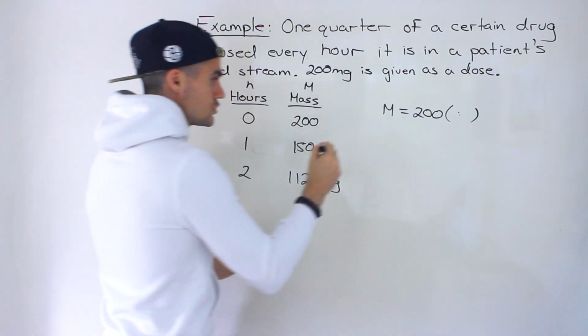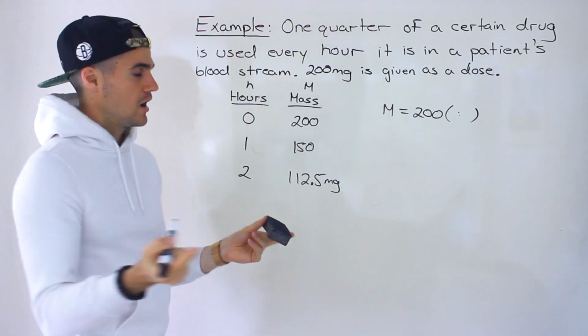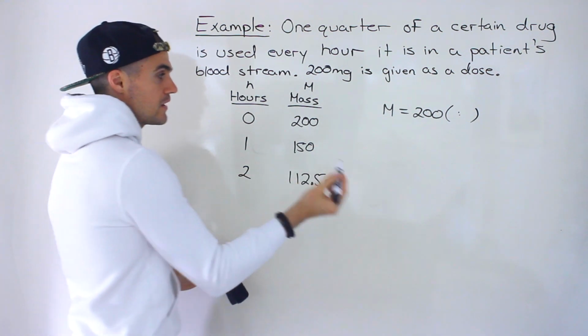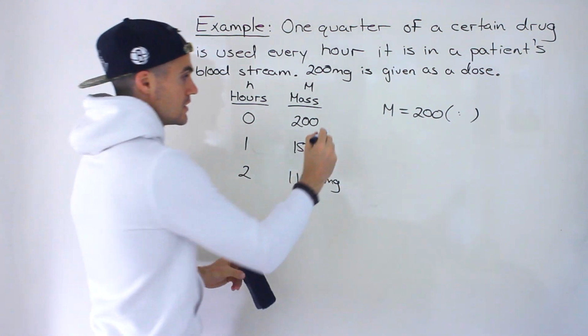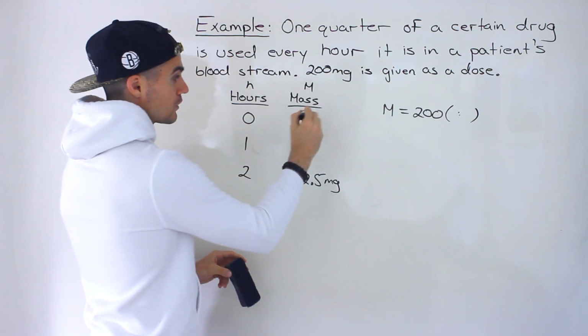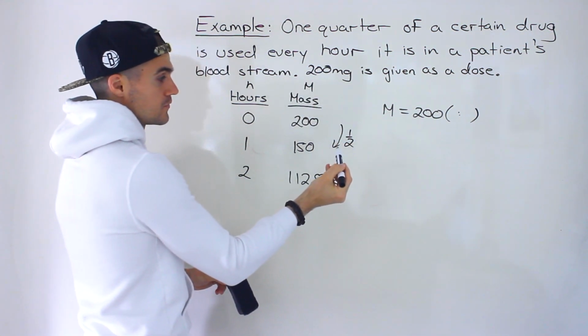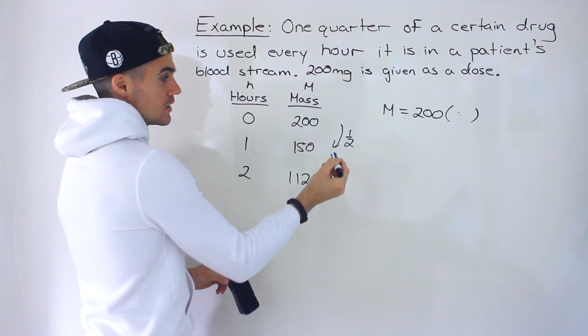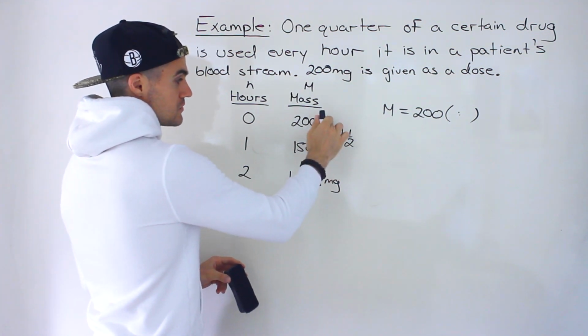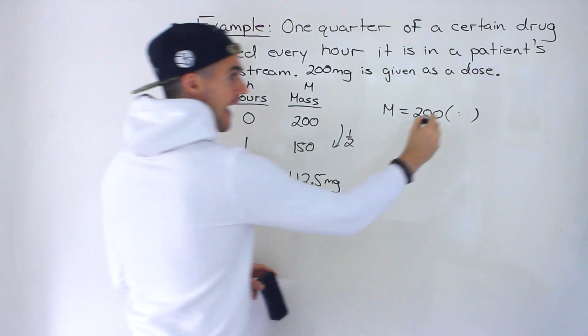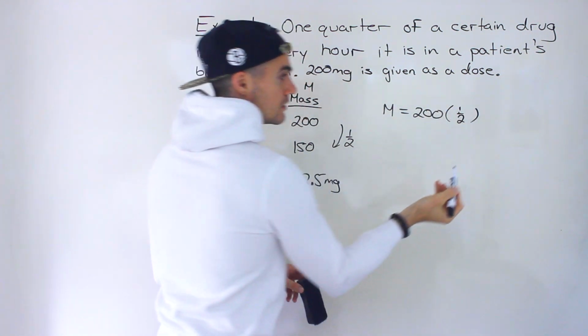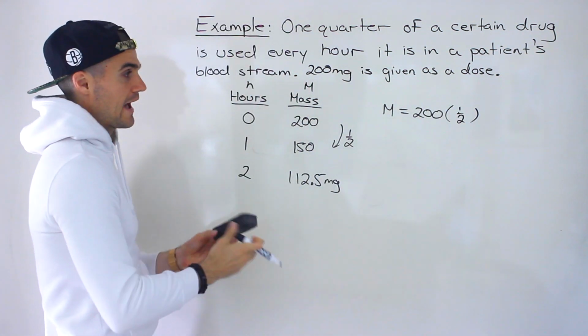And usually the most popular type of decaying problem that we've been dealing with is half-life problems. So instead of 1/4 of something being used, we'd be told that 1/2 of something would be used, right? And so what we would be doing is we continue to multiply by a half, so then that bracket would be a half.